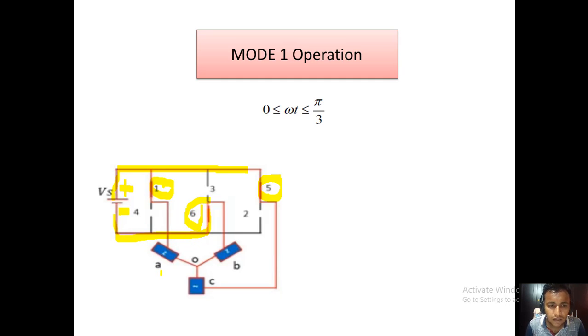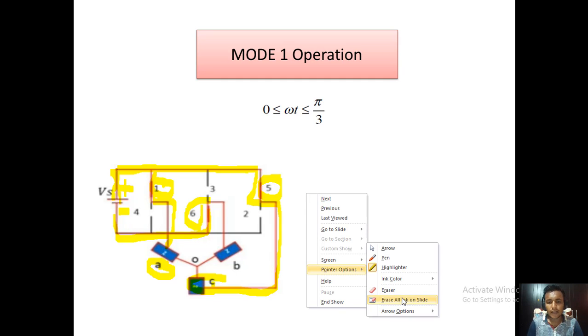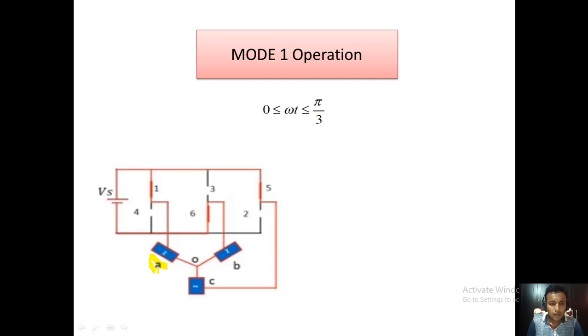So we can say that terminal A and terminal C are connected to the positive supply, and terminal B, through thyristor 6, is connected to the negative terminal of the DC supply.